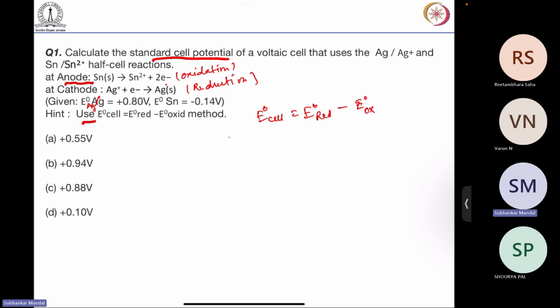If people can write in the chat box also, or you can unmute and then tell.